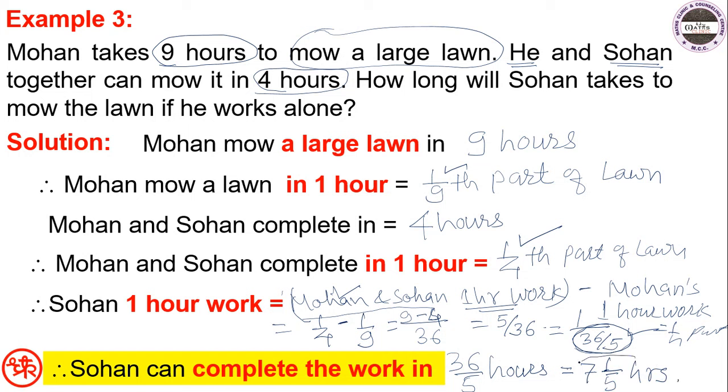Is that clear? So Mohan takes 9 hours to complete the lawn, whereas Sohan can complete it in 7 1 by 5 hours. Okay, so that is the answer.